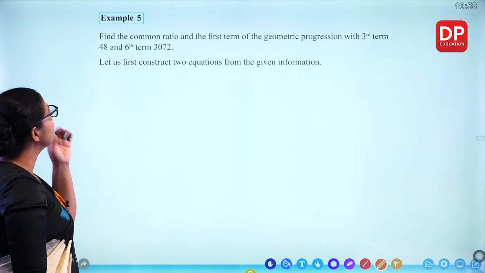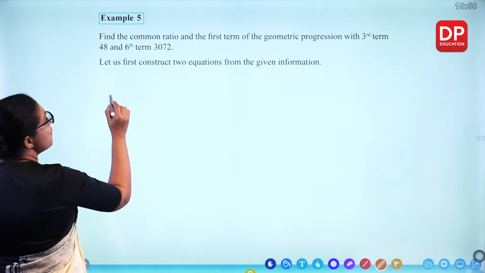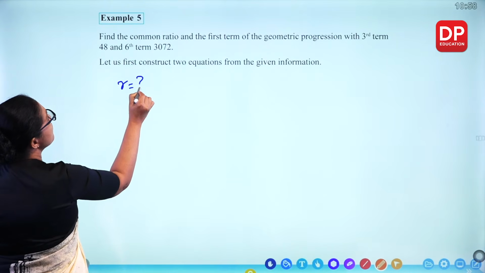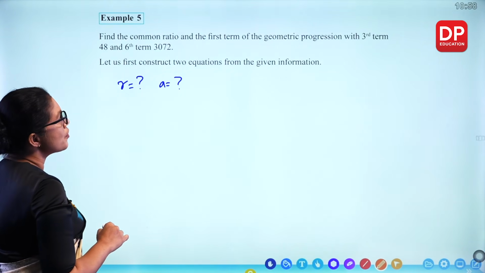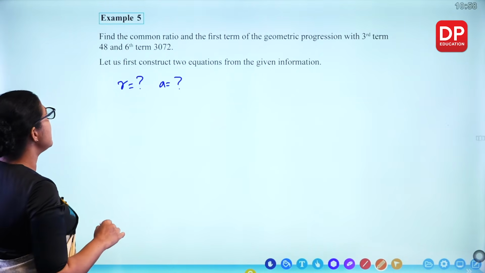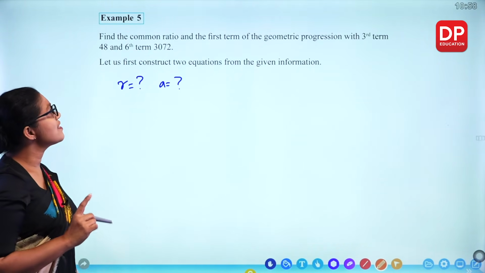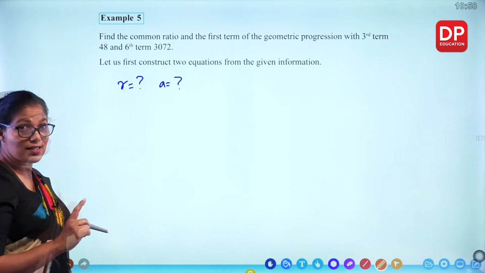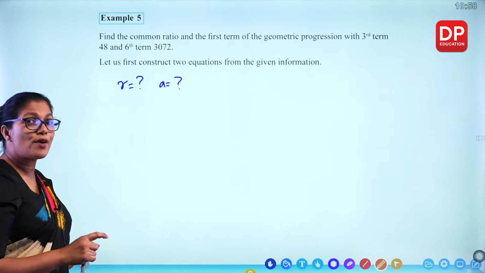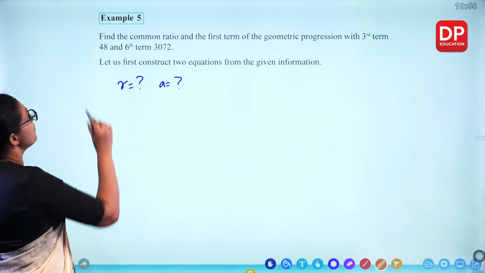Example number 5. Find the common ratio and the first term of the geometric progression with third term 48 and sixth term 3072. Now this question is different to other questions. You are asked to find both the ratio and the first term, and two terms are given.